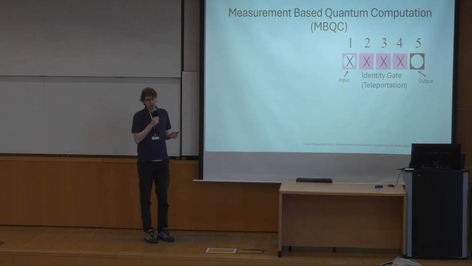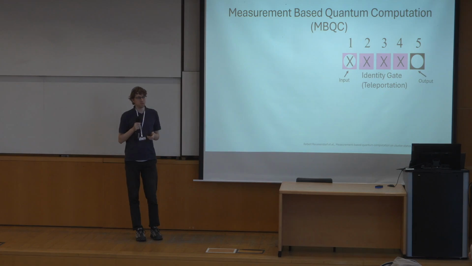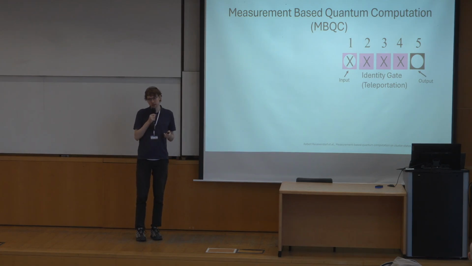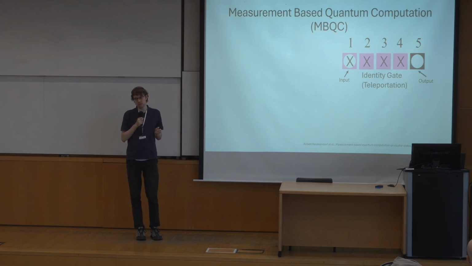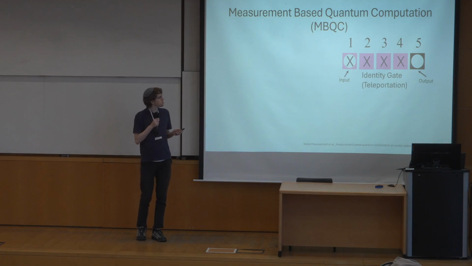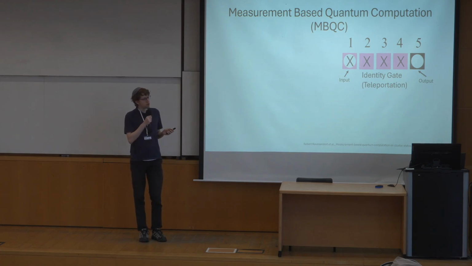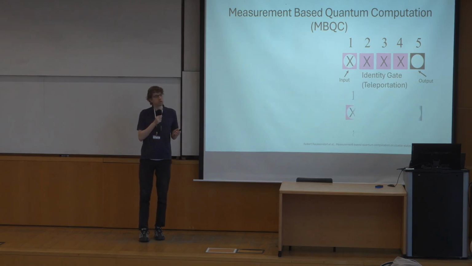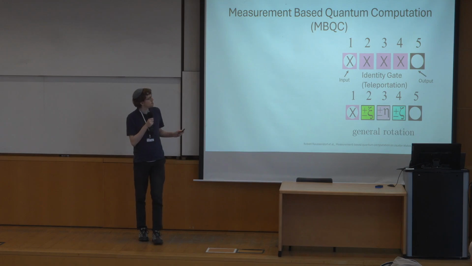And here I present a one-dimensional computation, but one can extend this to two-dimensional cluster states and so on to have a full universal quantum computation using this formalism. So in one dimension, if we want to do a general rotation, instead of measuring in the x basis, we will measure in some rotated angled basis.